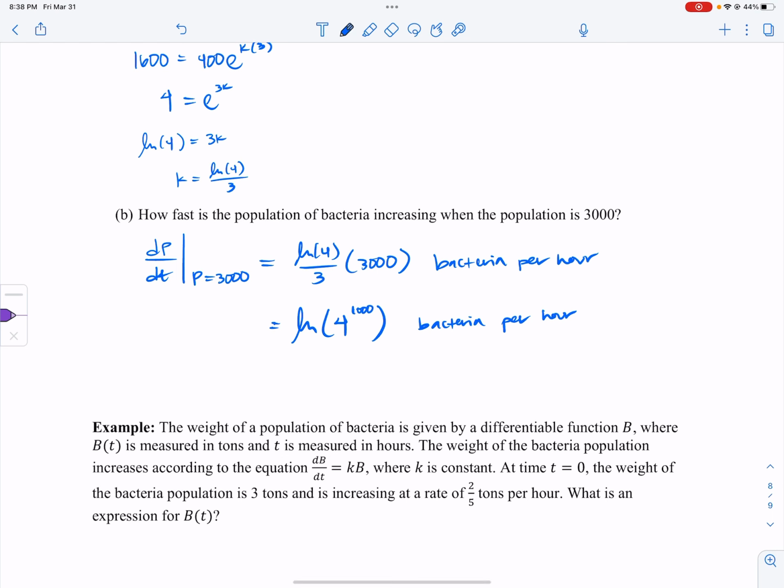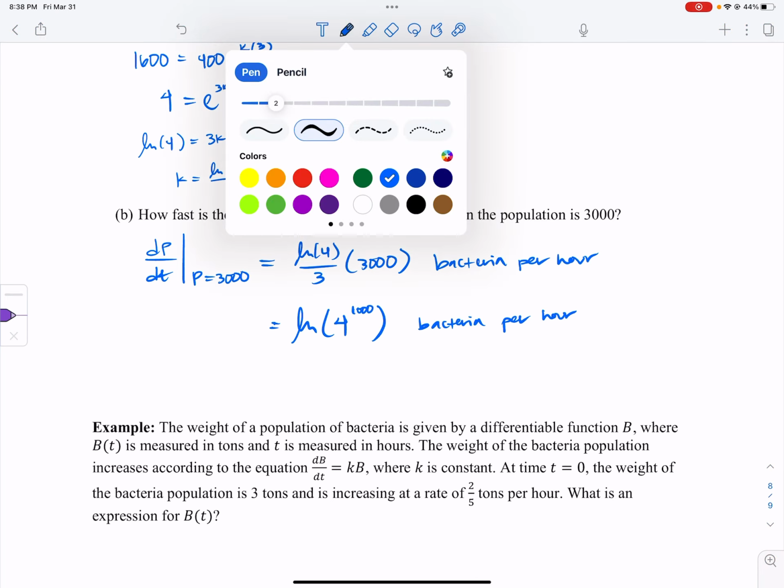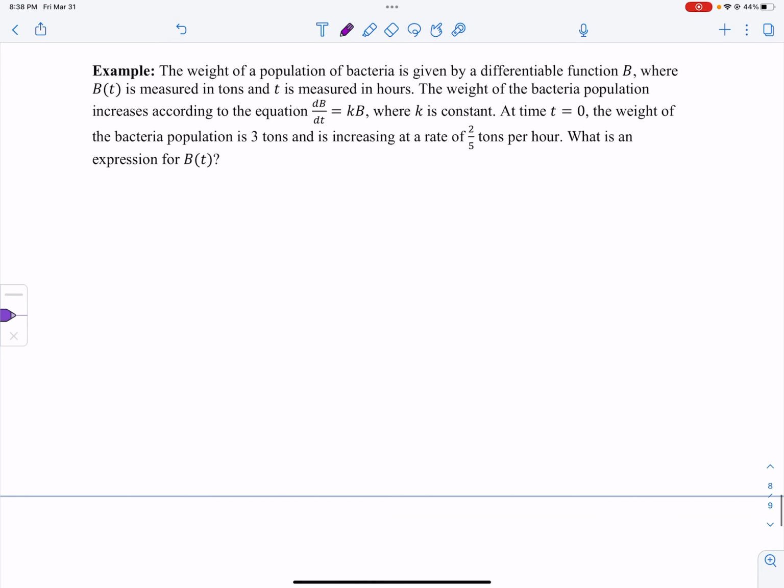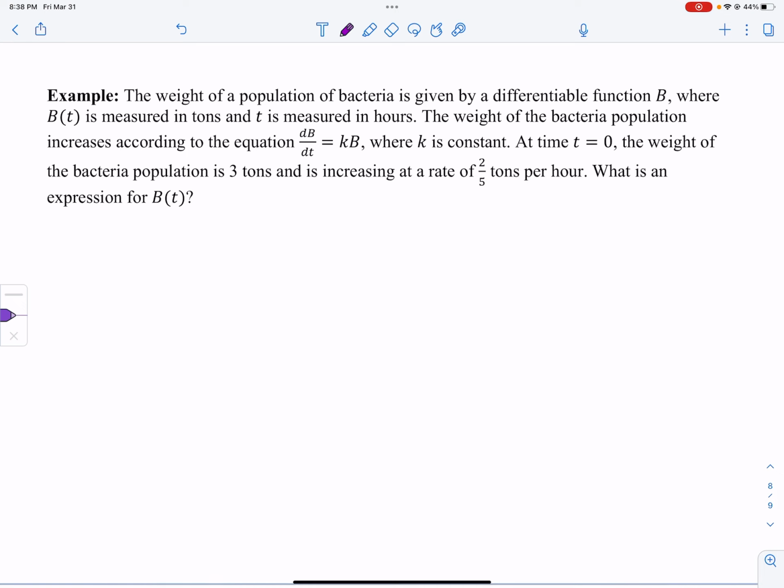Okay, next question. So the weight of a population of bacteria is given by the differentiable function B, where B of T is measured in tons and T is measured in hours.